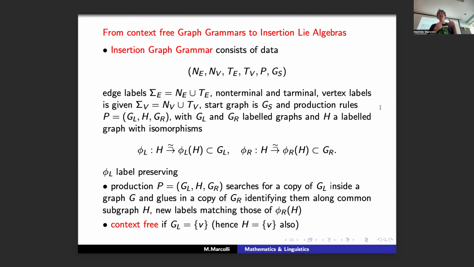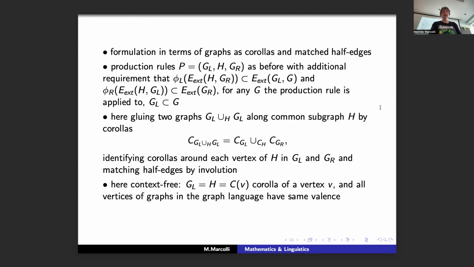The point is that when they're context-sensitive, this bracket might or might not satisfy the right Jacobi identities. So that's why you're guaranteed that the construction will work if your graph grammar is context-free. Then it will really look like this insertion algebra. If it's context-sensitive, it might or might not work.